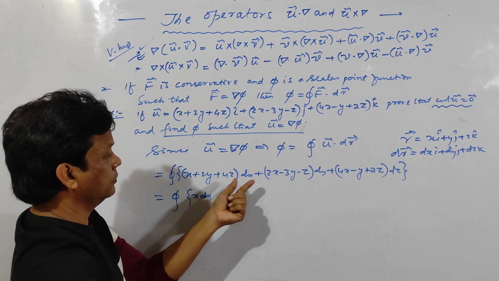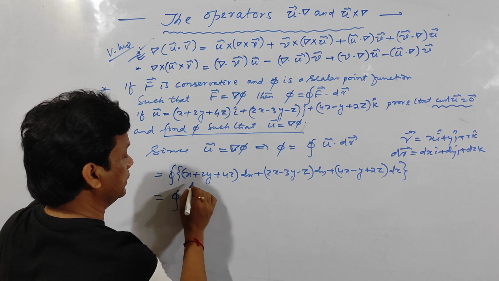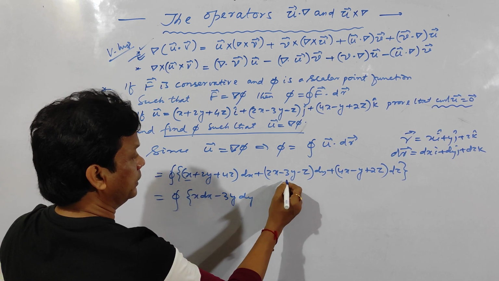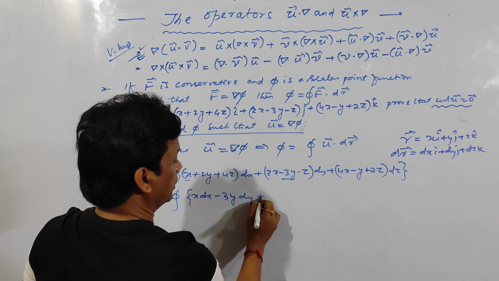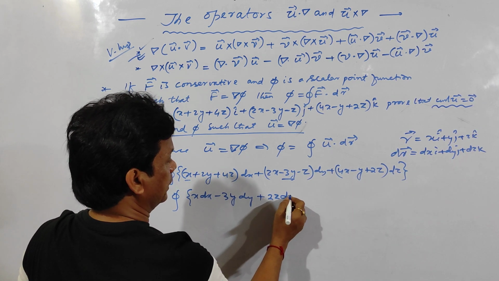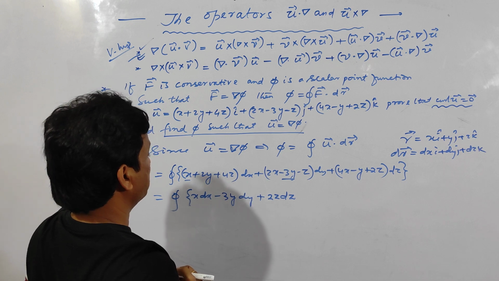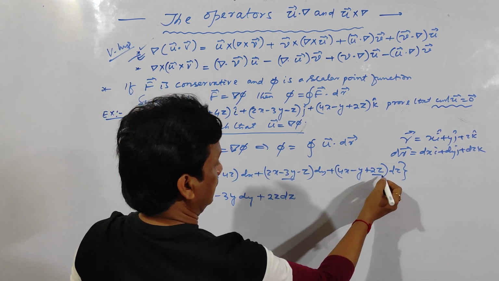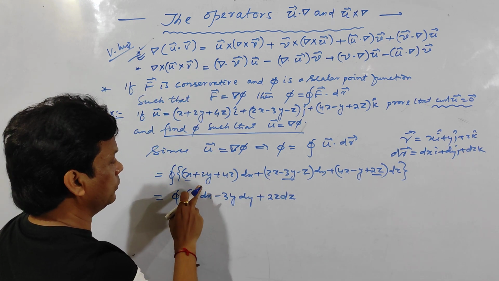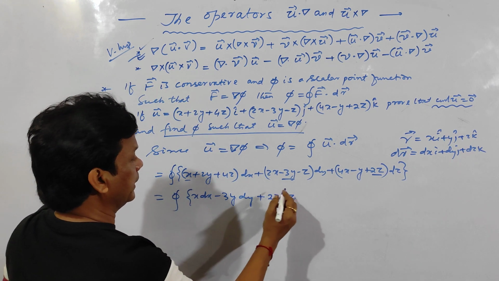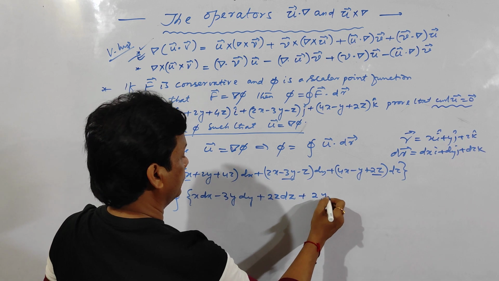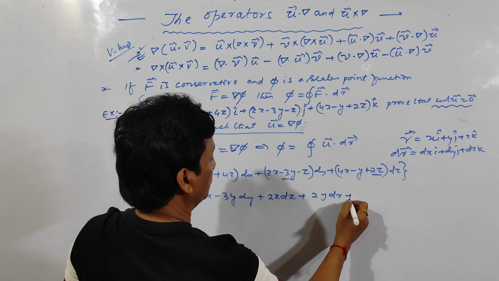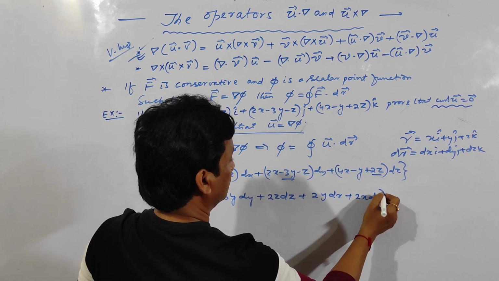Which is equal to, see here, x into dx plus this term I have written, minus 3y into dy. This term I have written, then plus 2z into dz. Clear? I have written these three factors. Then, very interesting, 2y dx plus 2x dy.